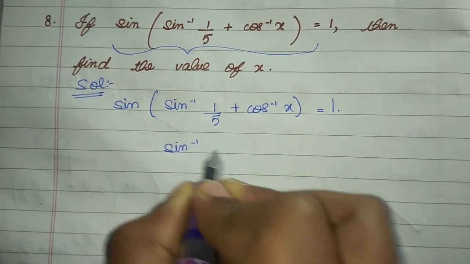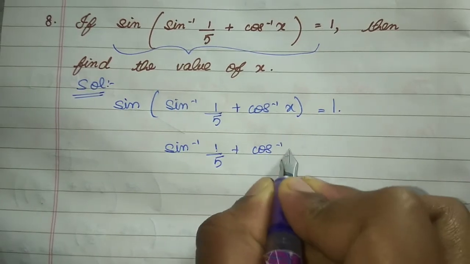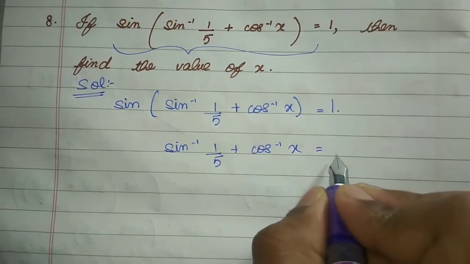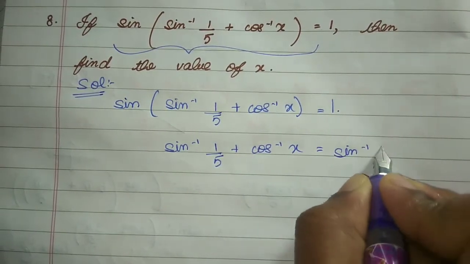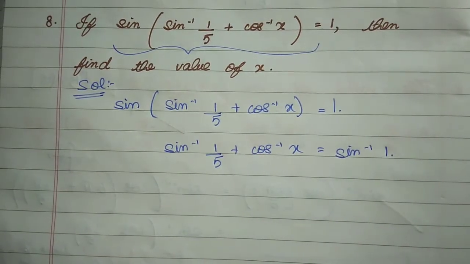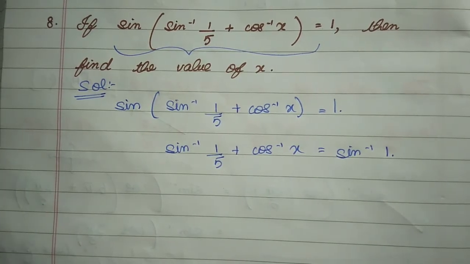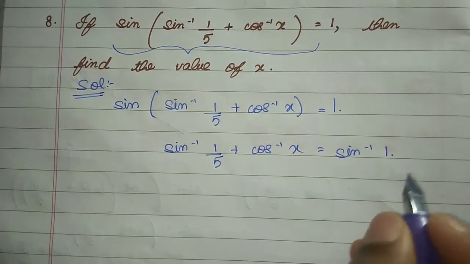So I will have sine inverse of 1 by 5 plus cos inverse of x is equal to sine inverse of 1. Since we don't know the value of sine inverse 1 by 5, we need not simplify that. Let it be as it is. So sine inverse of 1 we know.